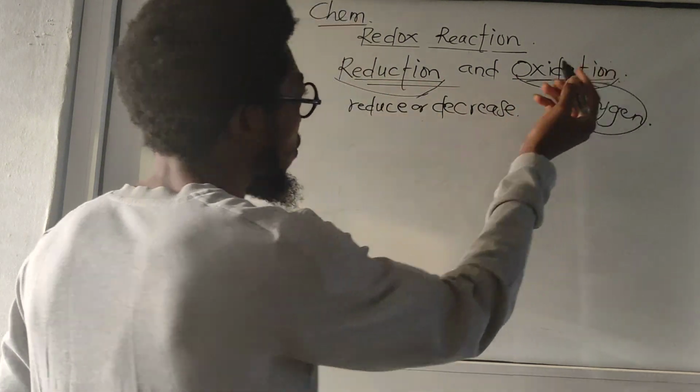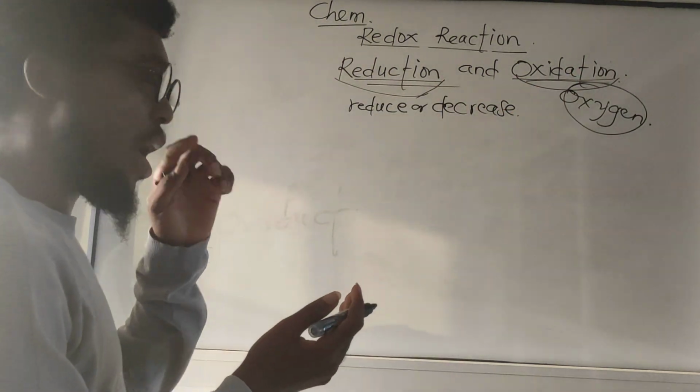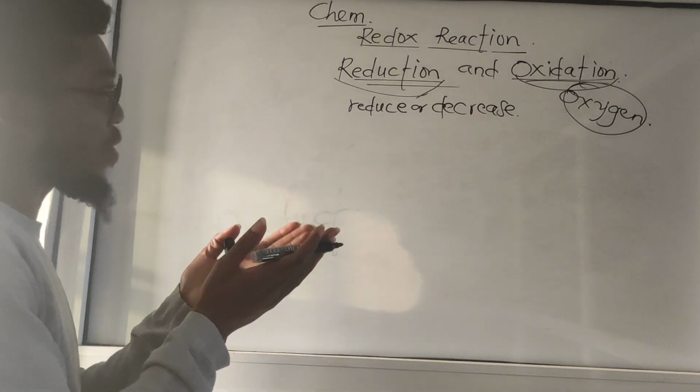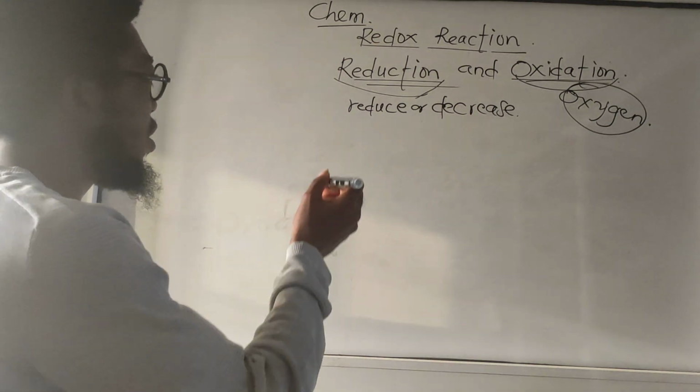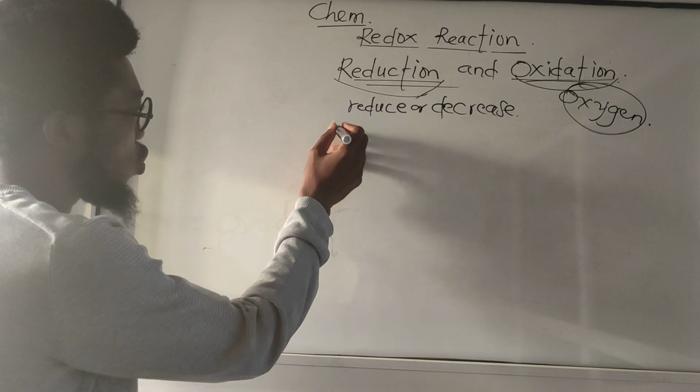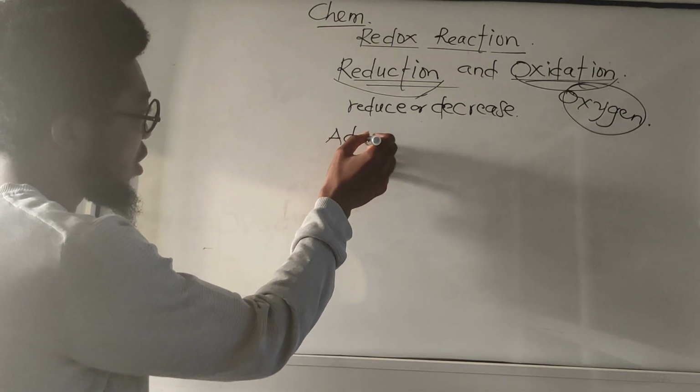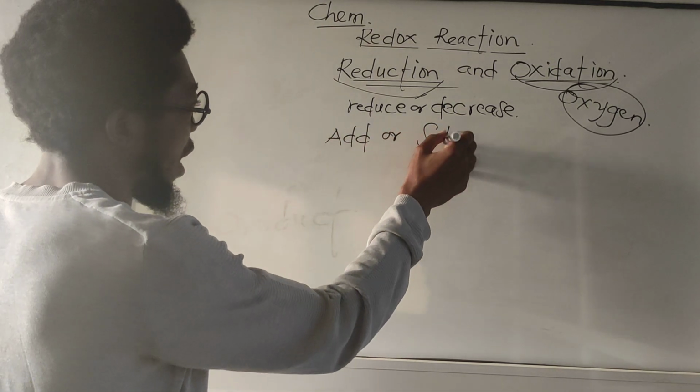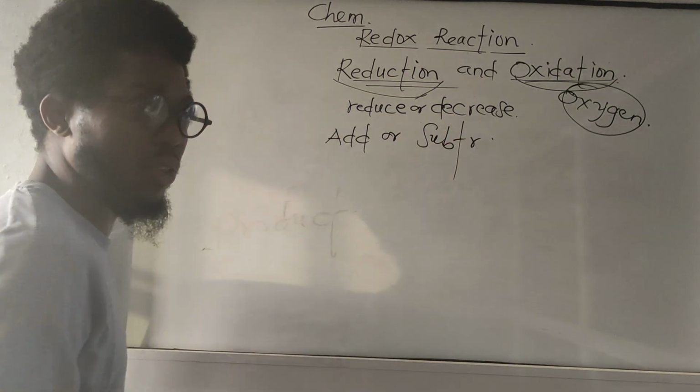And generally, whenever we talk about reaction, anyhow you are doing your reaction, maybe you are preparing food or you are preparing whatever, reaction always involves you adding things together or you subtracting things from one another.